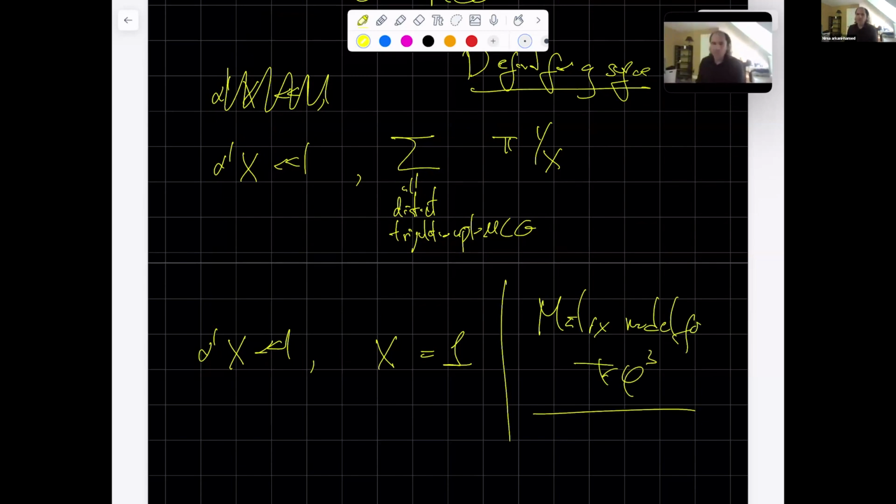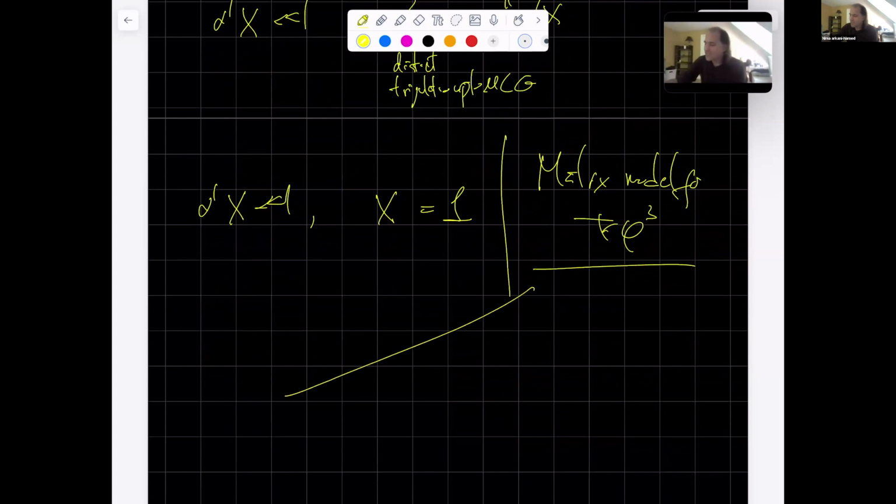But what this object is giving us is a double generalization of the matrix model, where instead of setting all the x's to 1, we set all the x's for curves up to MCG equal to each other. This double generalization has all the x's up to MCG on the one hand, and an alpha prime on the other.